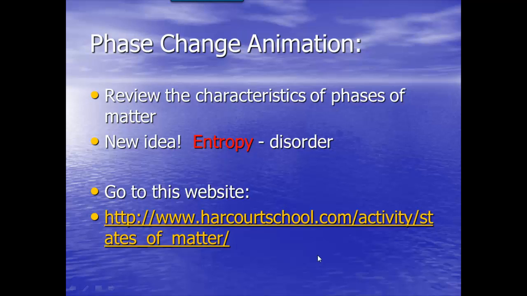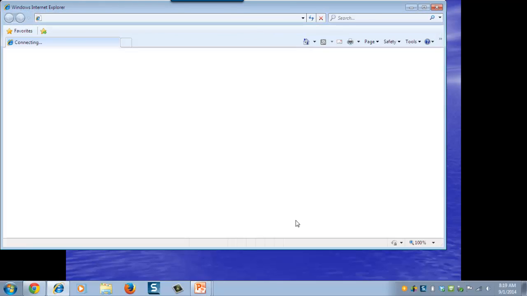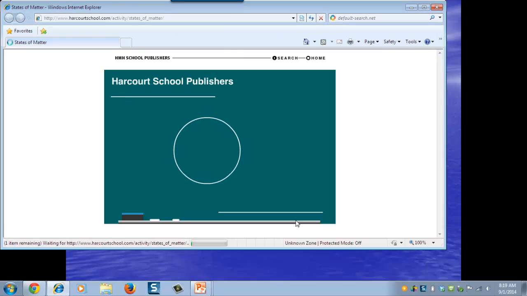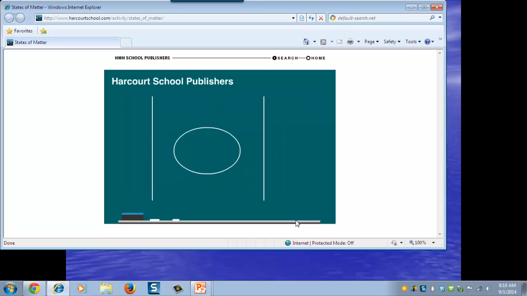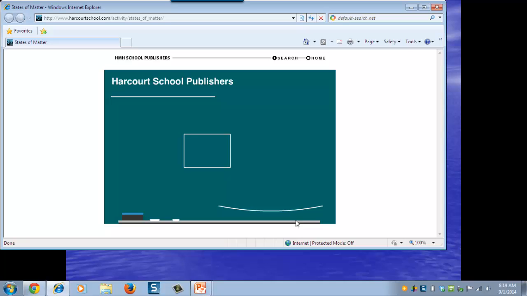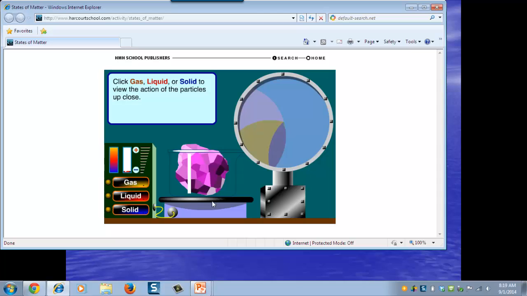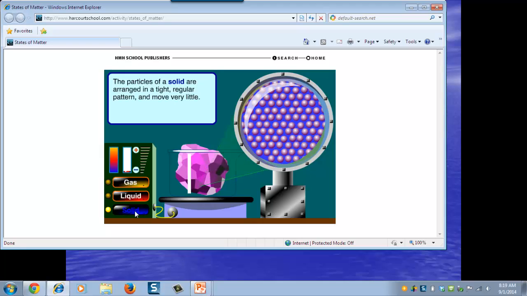Let me have you take a look at this website from Harcourt School to review those phases. While you're looking at them, think about the disorder and the entropy of each one of the samples. Okay, so here we have a sample of a purple looking solid. Let's look at the solid molecules close up. They are moving, but they're in a very regular arrangement.